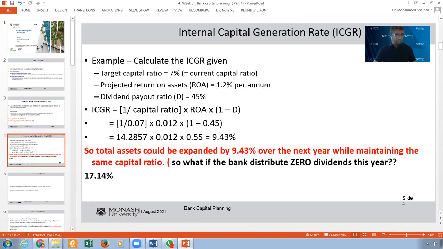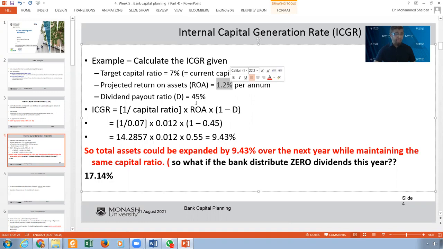If I give you these numbers, and I tell you my target capital is 7%, which I already stated a long time ago, the return earning is 1.2% per annum, and the dividends payout is 45%. So this policy has been set, and it's the payout.